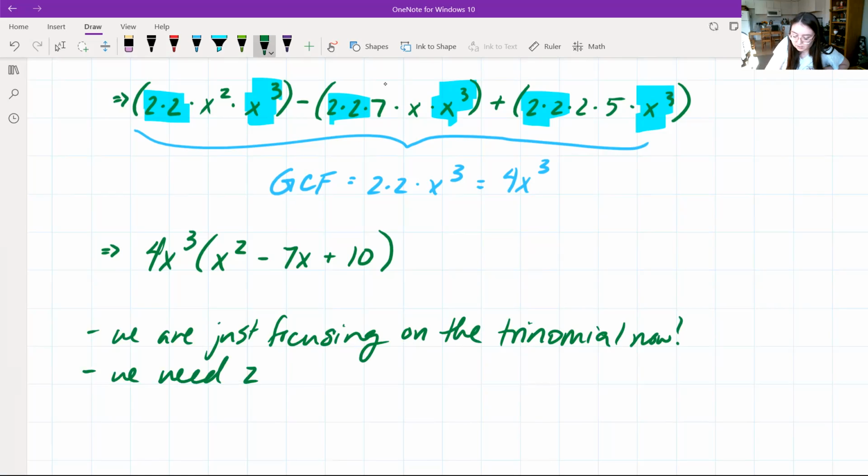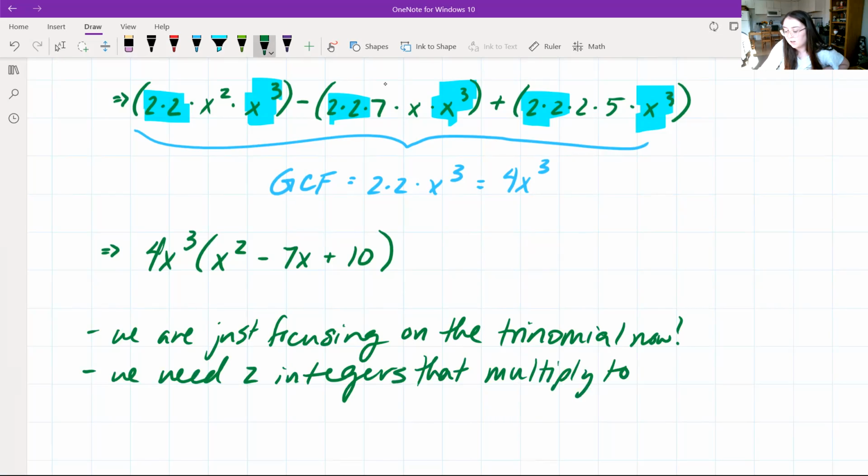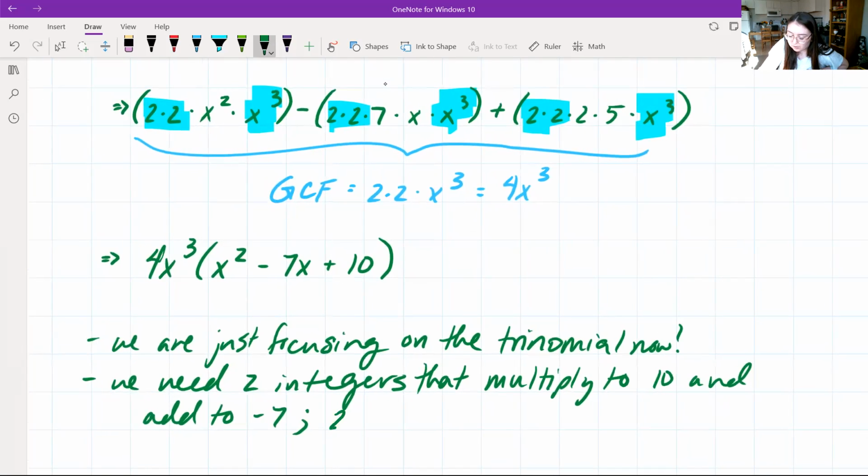We need 2 integers that multiply to 10 and add to negative 7. So since they need to multiply to a positive number and add to a negative number, these are 2 negative integers.